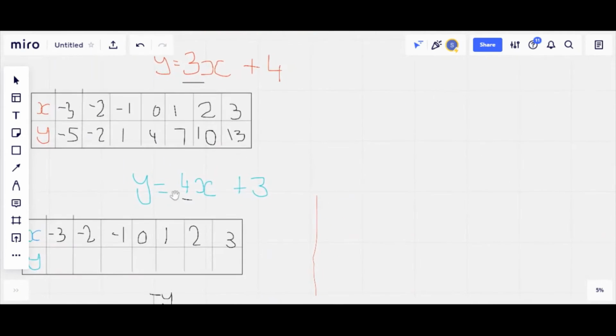And we'll work through on this side. So I've got y equals, I'm going to get rid of that so we can see that graph, that table. Y equals 4x. So 4, our x value, we'll use a -3 again. So 4 multiplied by -3 plus 3.